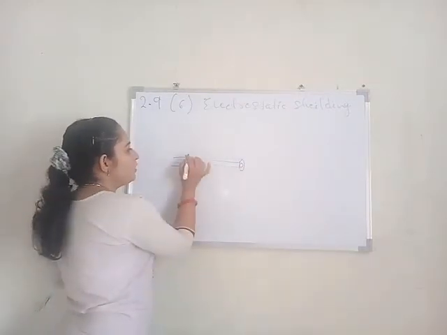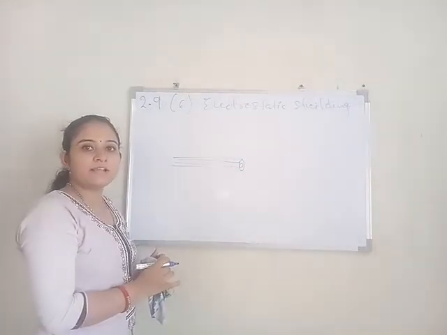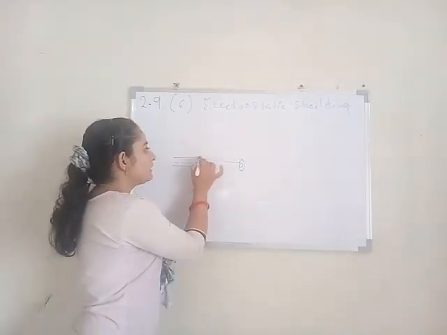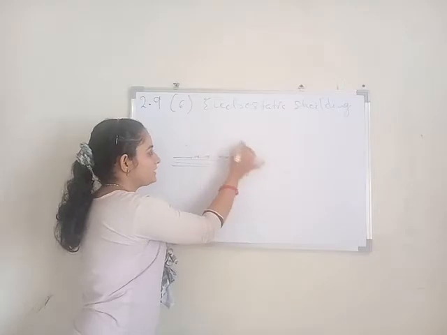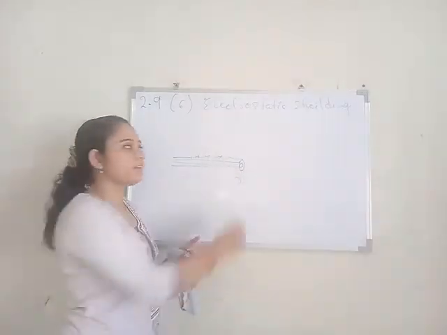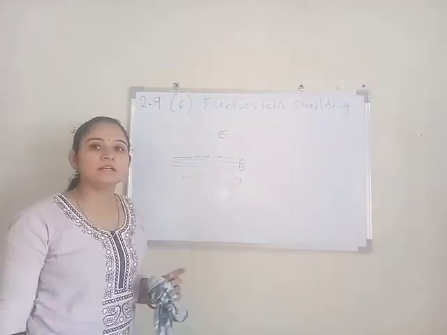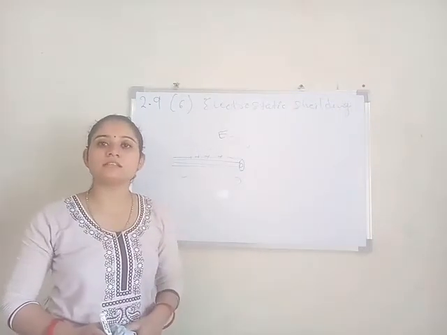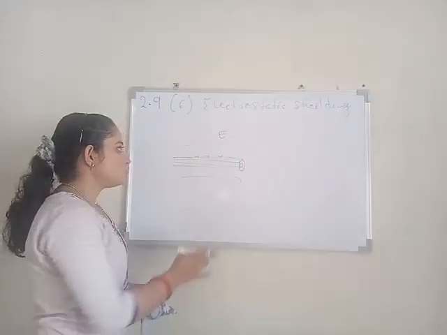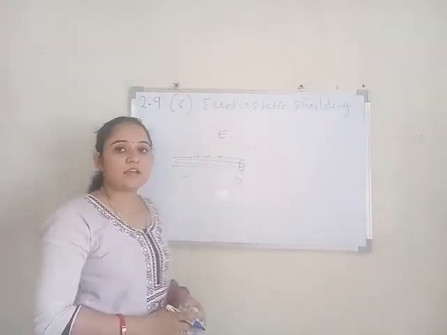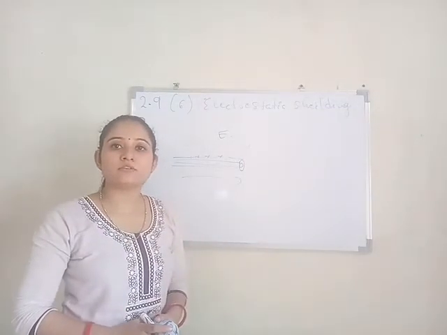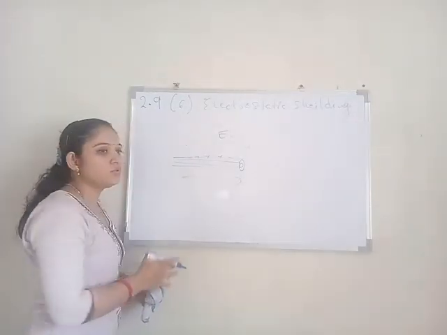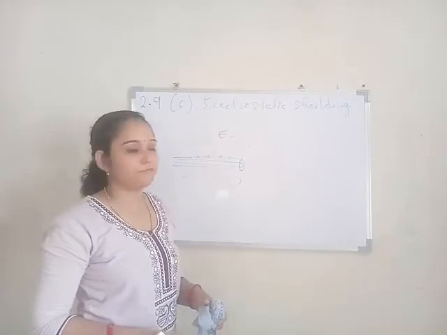Now when this conductor is placed in an electric field, charges will be there on the conductor, but there will not be any charges inside the cavity of this conductor. This kind of property is known as electrostatic shielding. Now how is it useful in today's life?